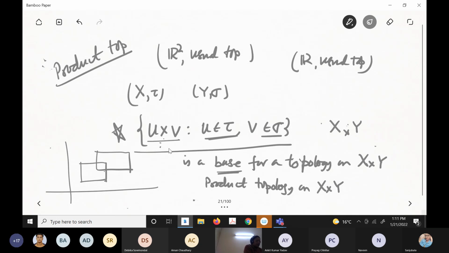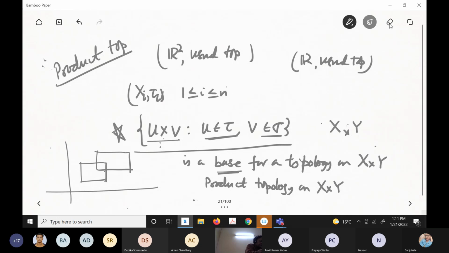This will be the base, so that if you have (X_i, tau_i), 1 less than or equal to i less than or equal to n, then what will be the base?